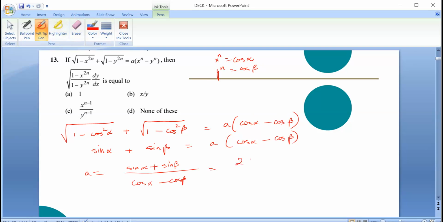Applying the transformation, 2 sin alpha plus beta by 2 cos alpha minus beta by 2, by minus 2 sin alpha plus beta by 2 sin alpha minus beta by 2.